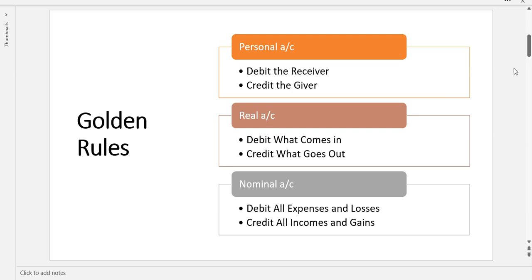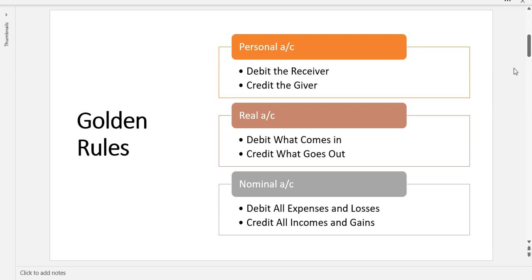What is the rule for personal? Debit the receiver and credit the giver. See, whenever a transaction occurs in a business, we need to think from the business point of view. For the business, is the amount coming in or going out? That is very important.